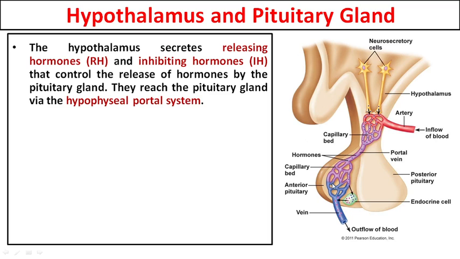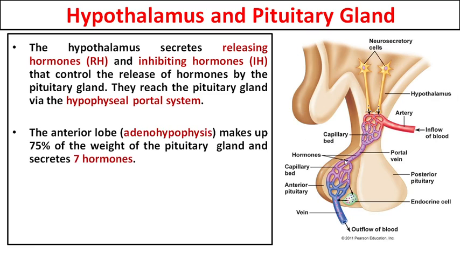Clear? Chalo. Now let us talk about this pituitary, which is attached to the hypothalamus. This gland you see here is your pituitary. As you can see, it is divided into two major lobes. One of them is called the anterior lobe or anterior pituitary.